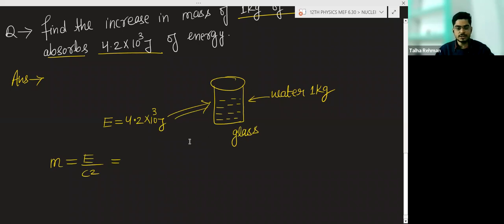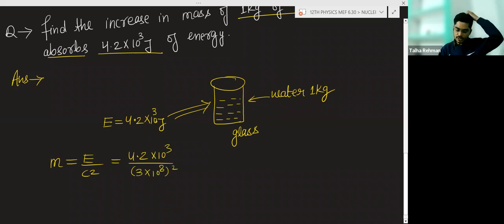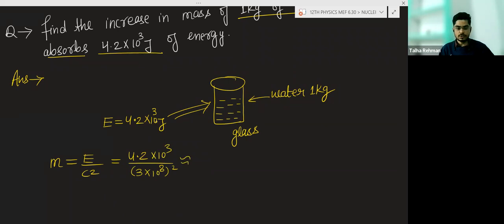So energy given is 4.2 into 10 to the power 3, and c square means 3 into 10 to the power 8 squared. So basically, approximately, you will get 4.7 into 10 to the power minus 14 kg. For saving time, I already solved this.